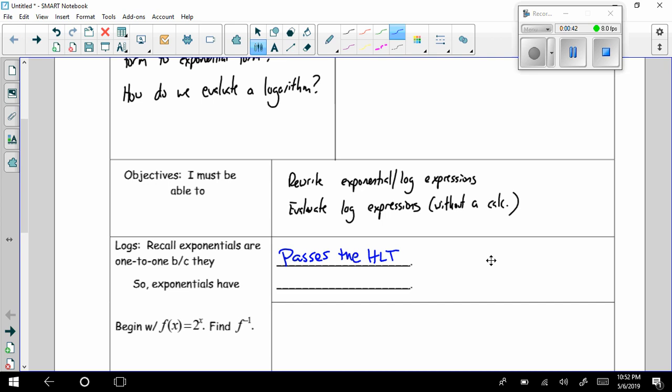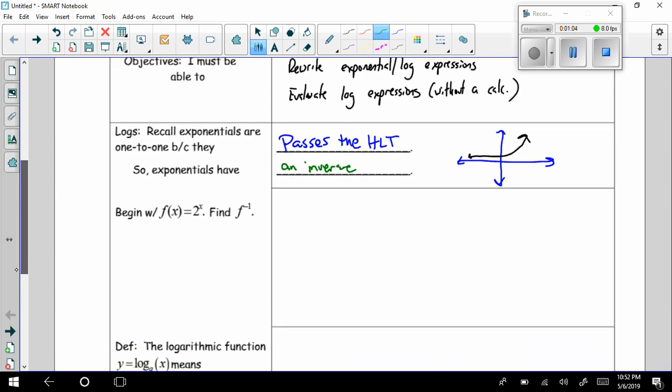If you think about your exponential functions, they curve up this way, so that passes your horizontal line test. So exponential functions have an inverse, and that inverse is what we call a logarithmic function.